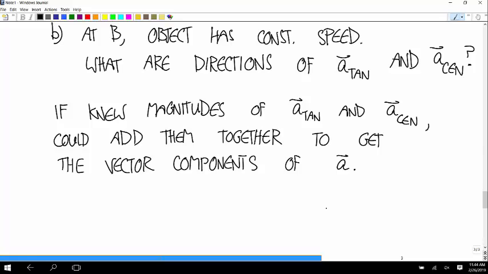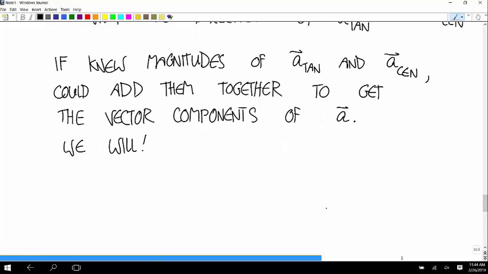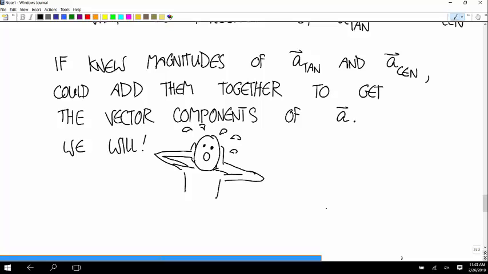And that's the last step we need to come up with a numerical acceleration. We will know them.